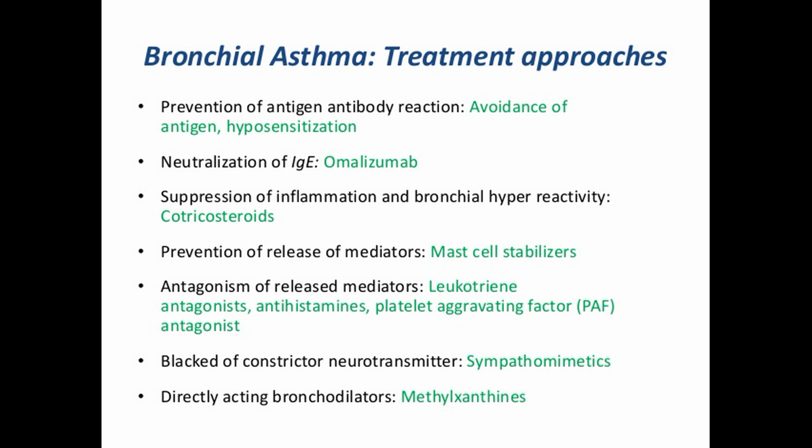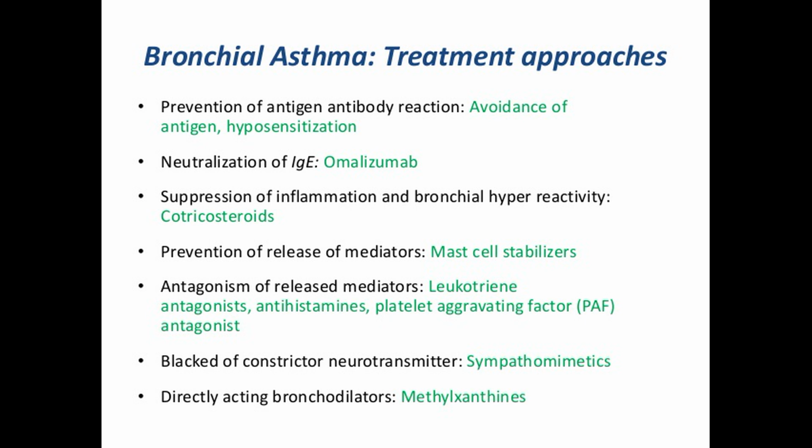Asthma treatment and management. Medical care includes treatment of acute asthmatic episodes and control of chronic symptoms, including nocturnal and exercise-induced asthmatic symptoms.